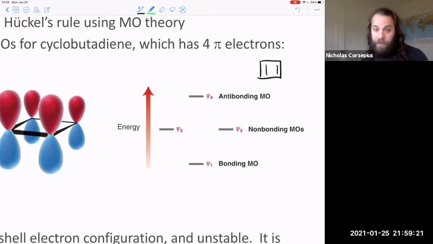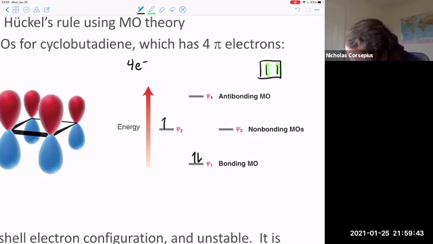First of all, how many electrons do you have to fill it in with? Well, I have 4 electrons that need to be laid down here. I'm going to start at the bottom, 1, 2, and then when I get to the next level, because they're degenerate, meaning they're the same energy, I'm going to have to half fill them first. So that's 3, 4. And that's all the electrons that I have to put in.